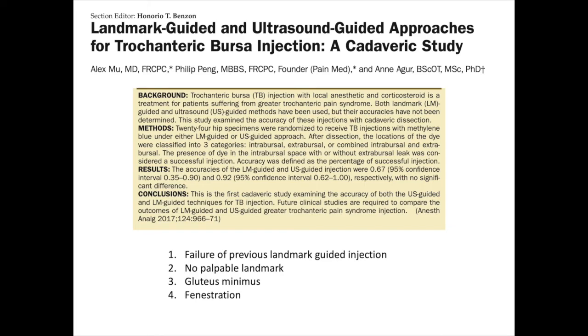Or when you try to perform the injection but cannot find a landmark, the patient having a high BMI, then again, pick up your ultrasound and perform an ultrasound-guided injection. For some reason, if you know the pathology from the imaging report, and you know the major disease is mainly in the gluteus minimus, I suggest you not do it landmark-guided because the gluteus minimus is very hard to palpate, and is fairly deep.